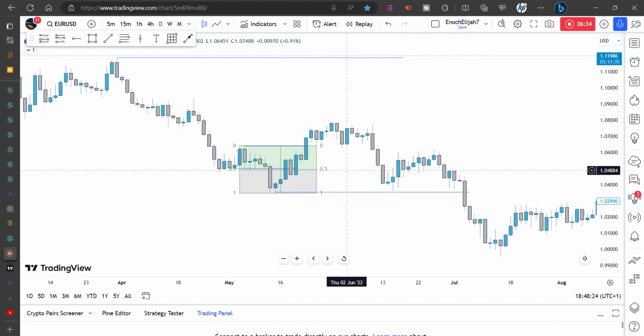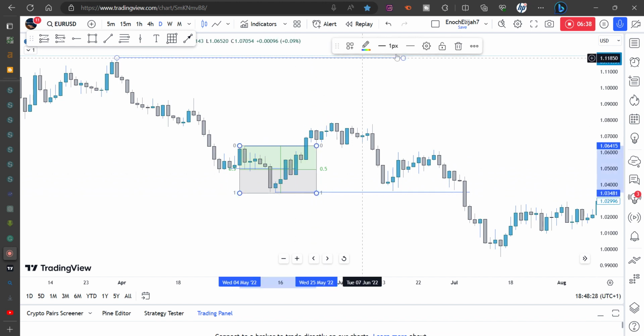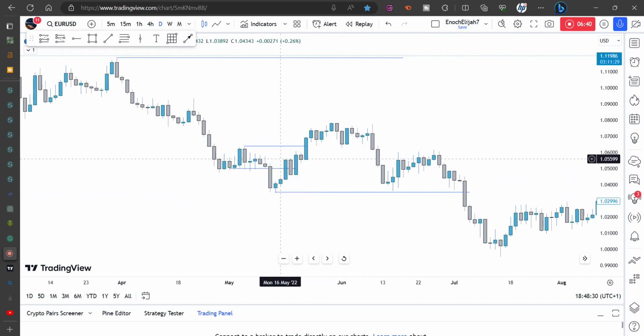Once we get to this level above 50%, I'm not just going to sell from there. What am I looking for? I'm looking for a shift in market structure on a lower time frame to confirm that price truly wants to sell from this premium level of this minor range.